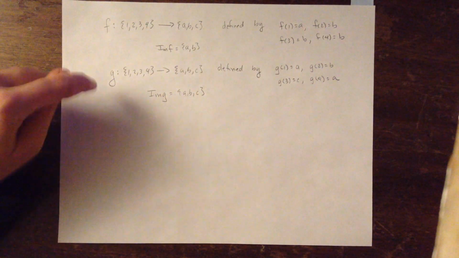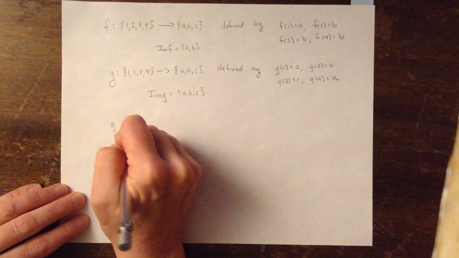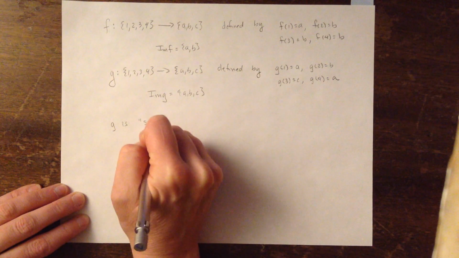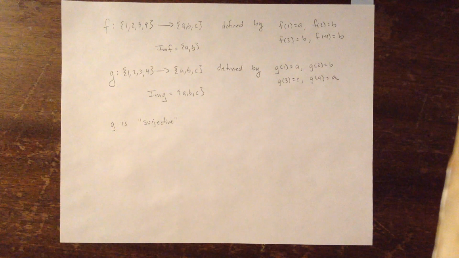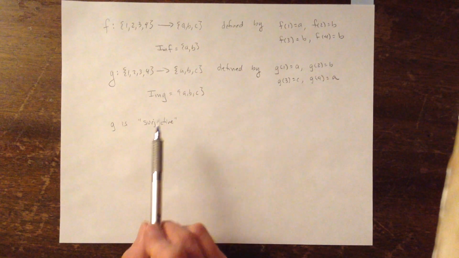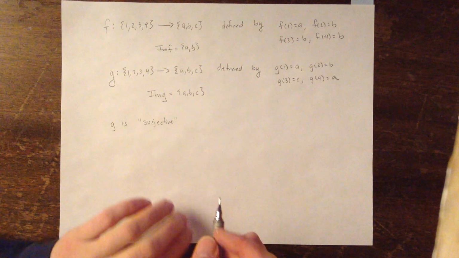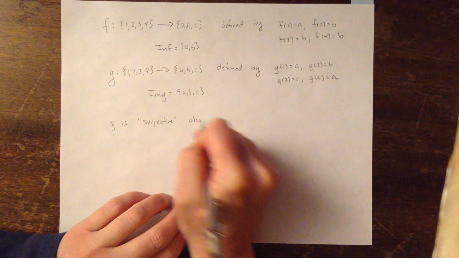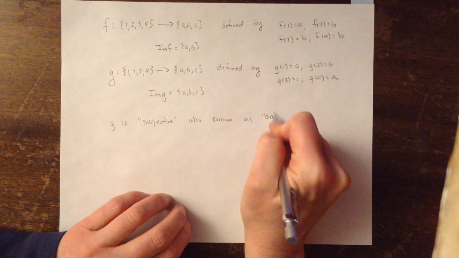So this function G is called surjective. And this is essentially the definition of surjective. A function is surjective if its image is equal to its codomain. This is also known as onto.